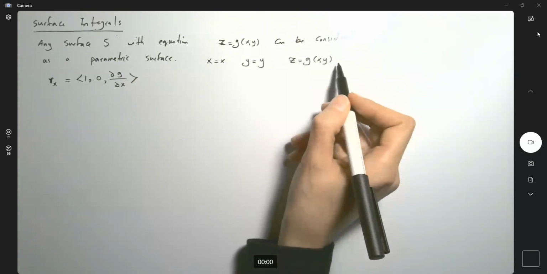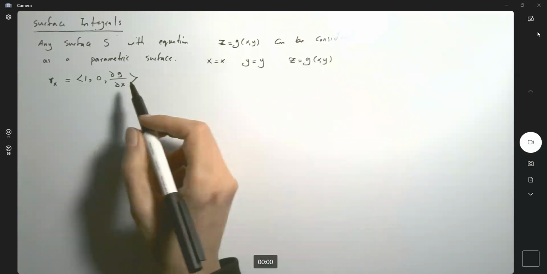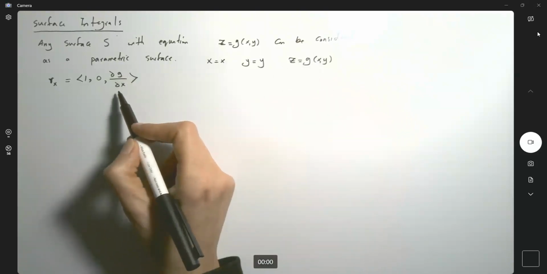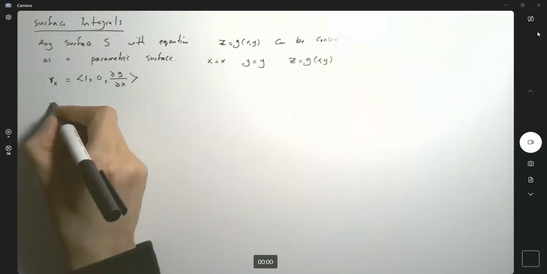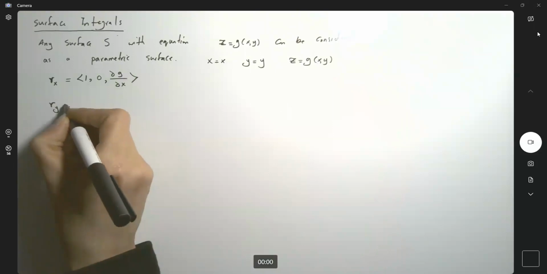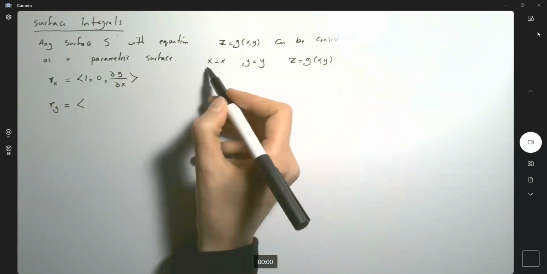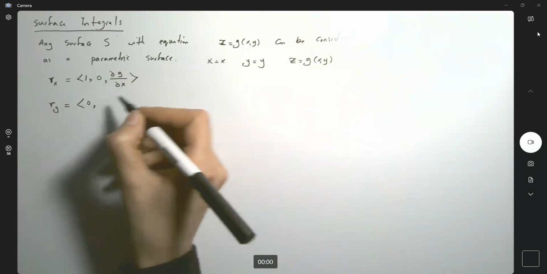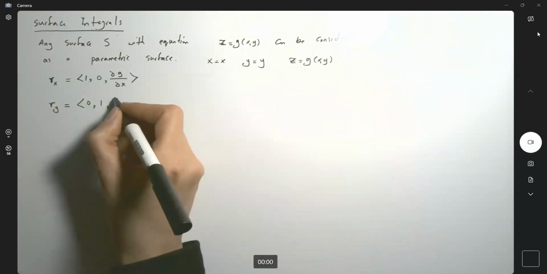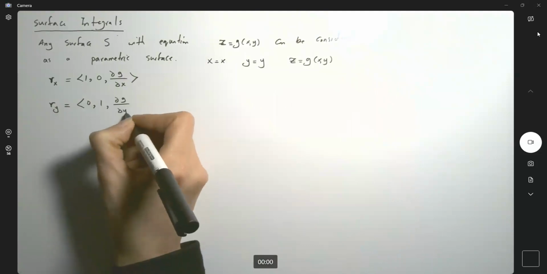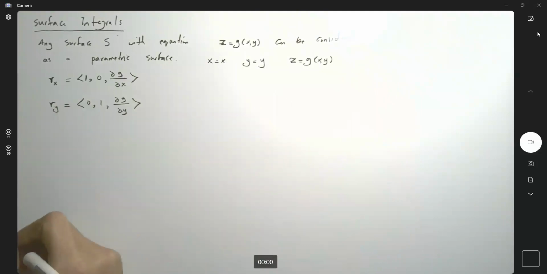The partial derivative of z with respect to x is going to be the partial derivative of g with respect to x. You're just going to copy down the whole thing.